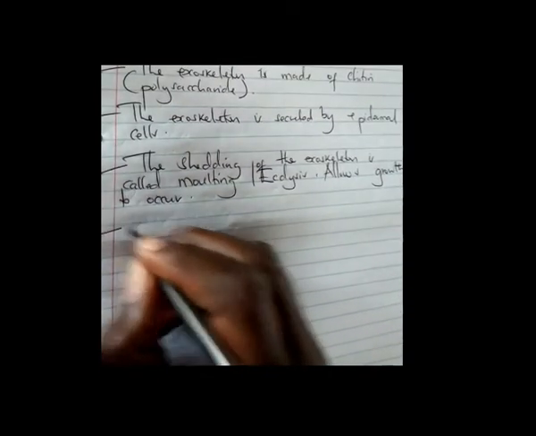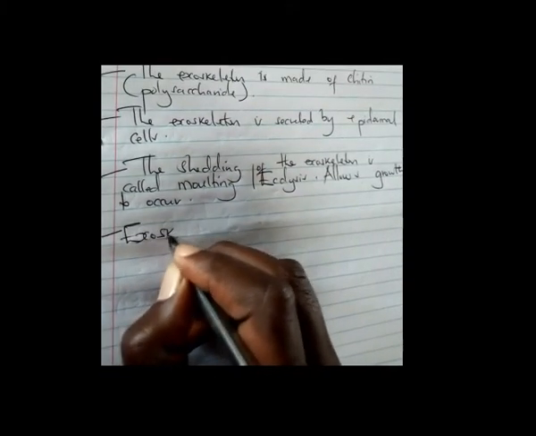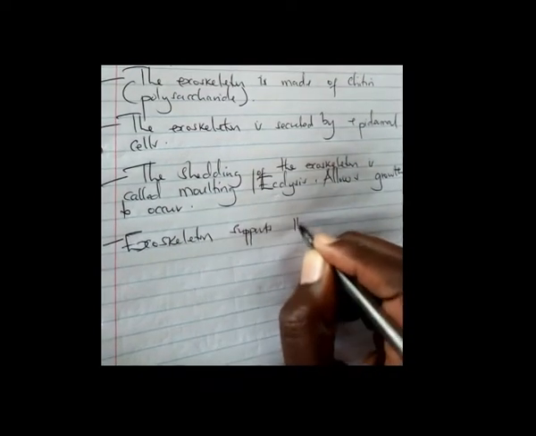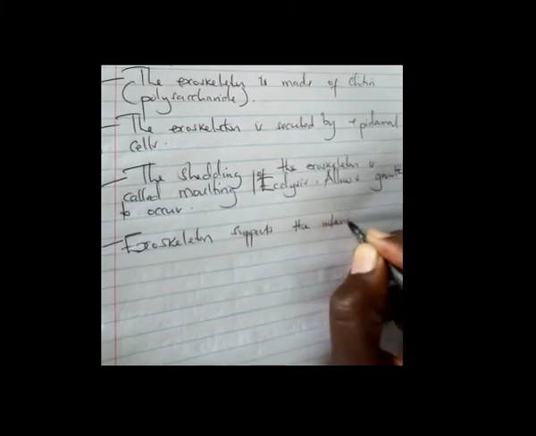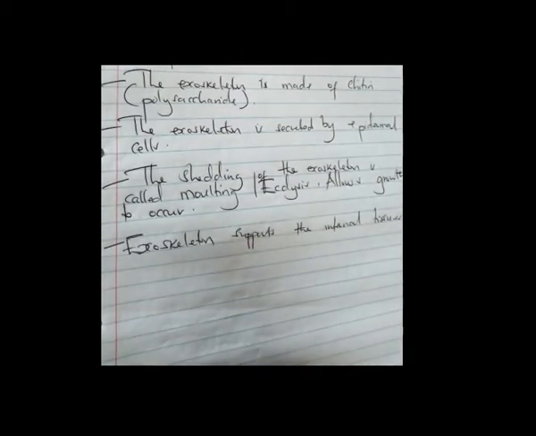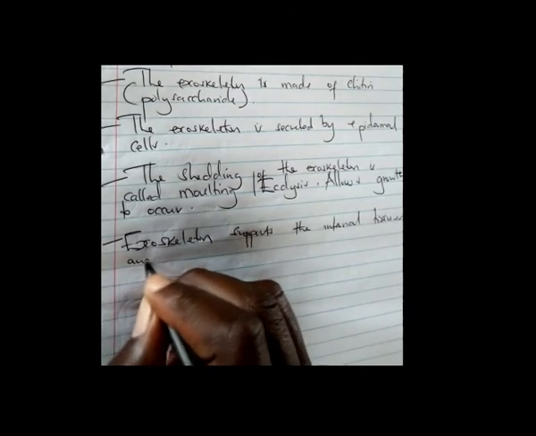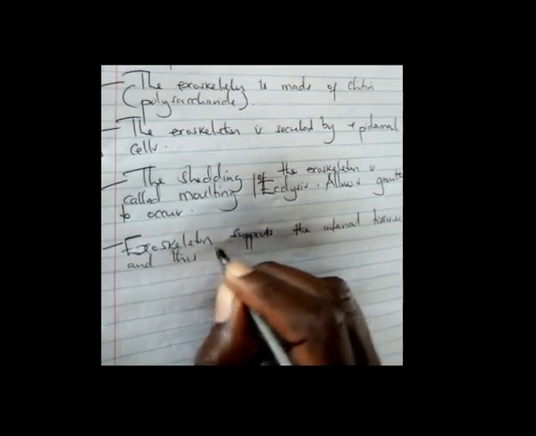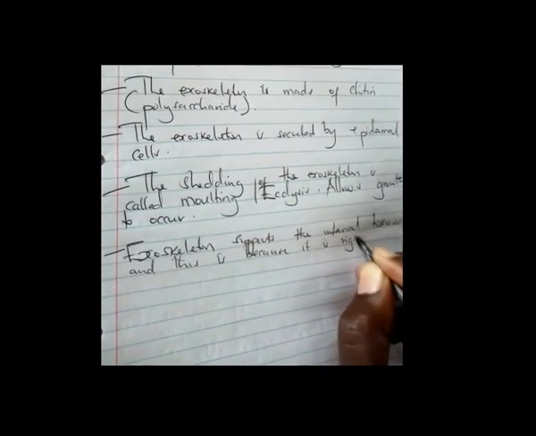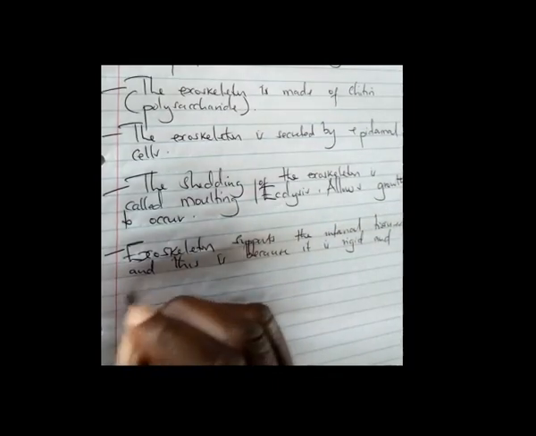Another function is that the exoskeleton supports the internal tissues, and this is because it is rigid and firm.